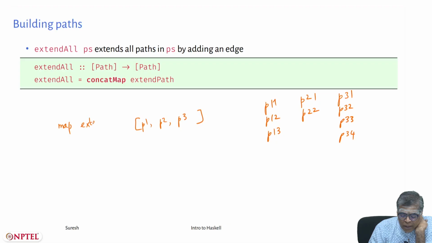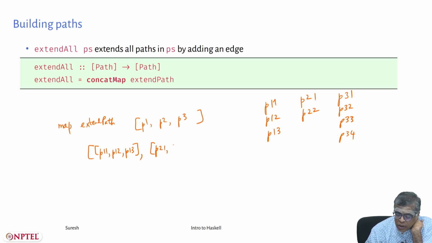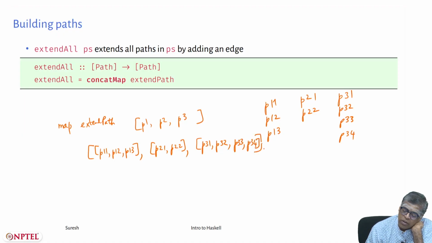Then what will happen if I do map extend path on this list? What I will get is, from P1, the list consisting of P11, P12, P13. Extend path applied on P2 will give me the list P21, P22. Extend path applied on P3 will give me the list P31, P32, P33. Right?